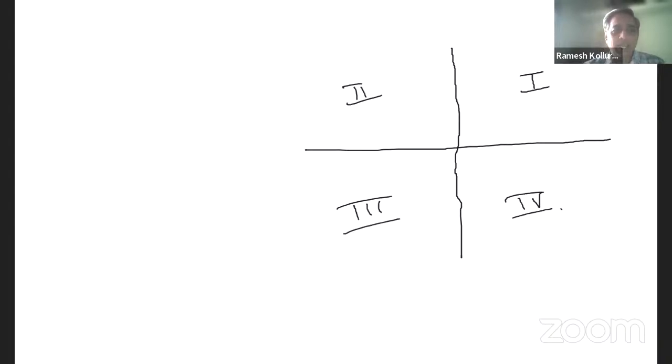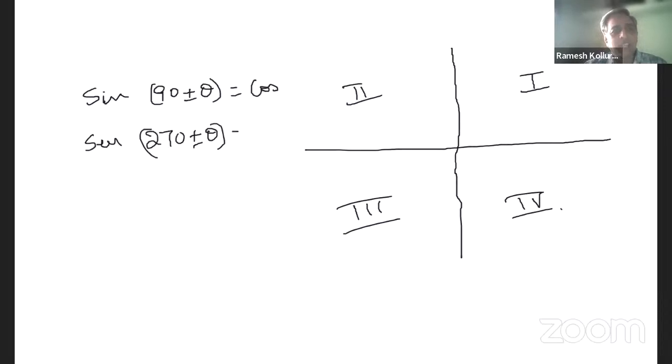Whenever we take any trigonometric function, if it is 90 plus or minus theta, or 270 plus or minus theta, it will become cos. And based on the quadrant, whether it is positive or negative, we will decide. So this much we know, but changing it becomes a little difficult.